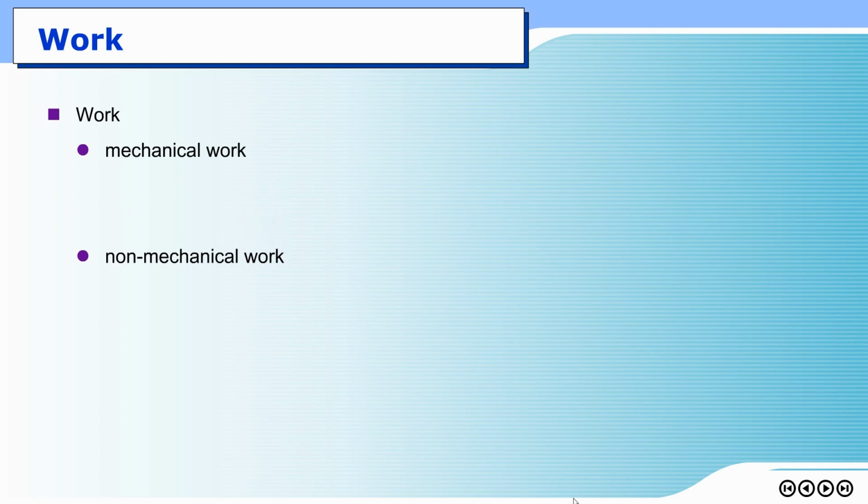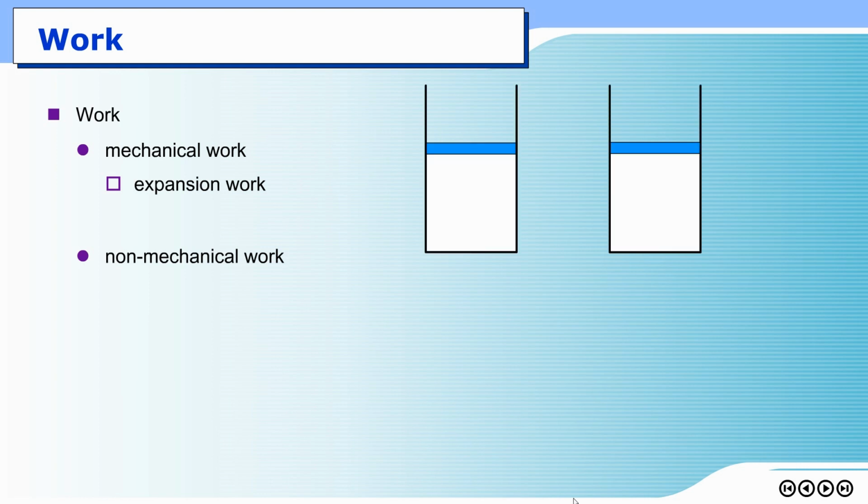If we focus on mechanical work, we can divide it into two groups. The first one is called expansion work. Basically, it is about expansion of system volume.